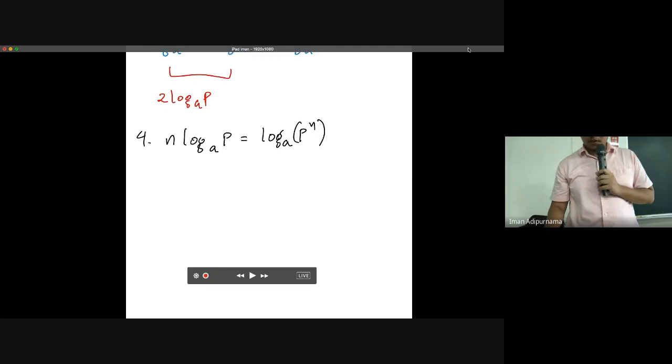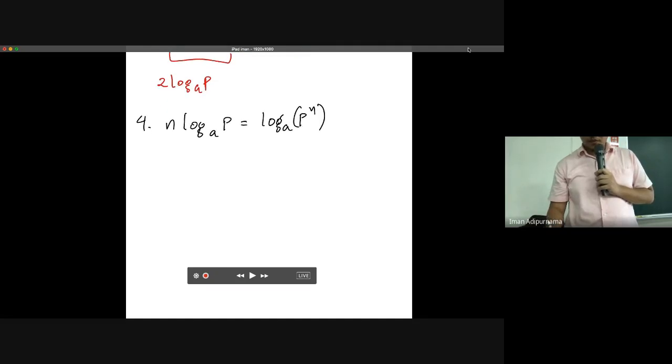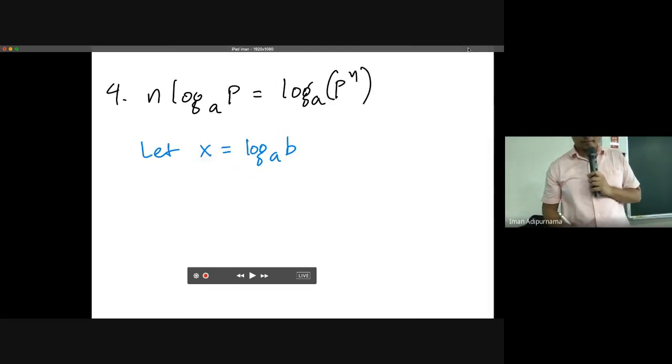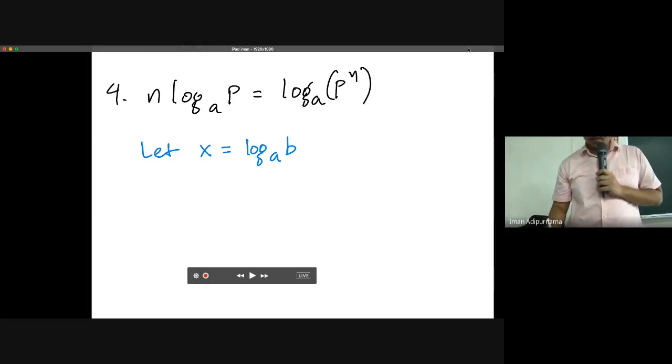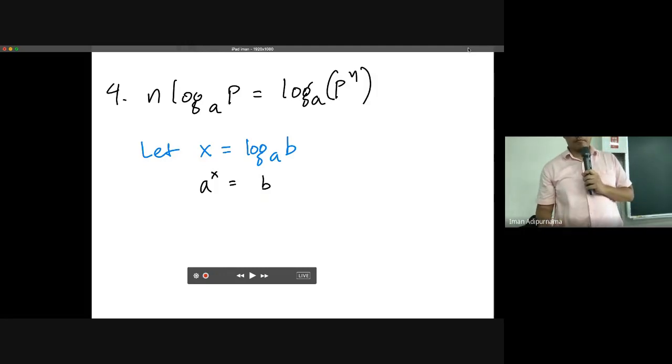Let me write some. Let's say we let x equal log a of b. I can rewrite this as a to the power of x is equal to b. Okay, and I can make both of these in log, with base of c, we can do that.